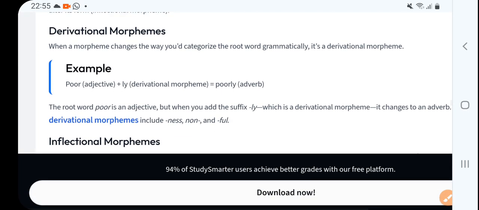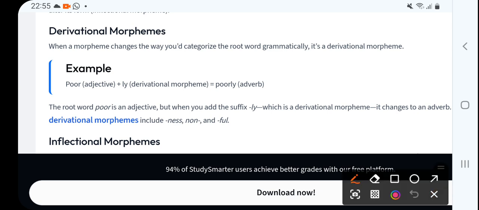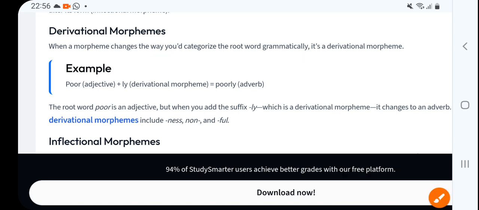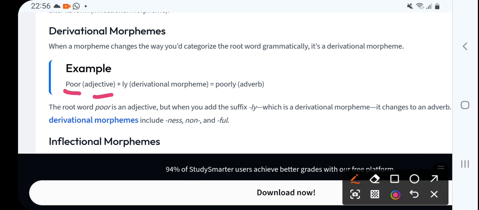Derivational morphemes, again a new term. When a morpheme changes the way you would categorize the root word grammatically, it is a derivational morpheme. For example, poor is an adjective, right?